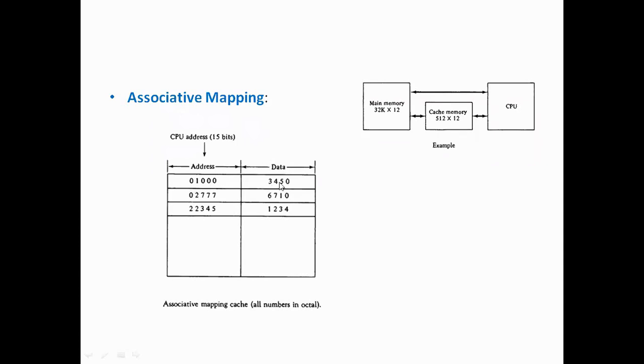For storing a 12-bit data in cache, we have to also store a 15-bit address. So in total, this cache word will become a larger word, which implies that the cost per bit of storing one bit will be larger in this cache memory.